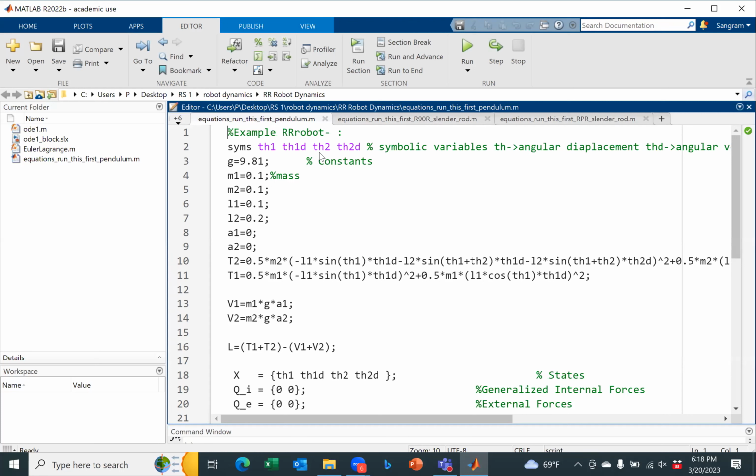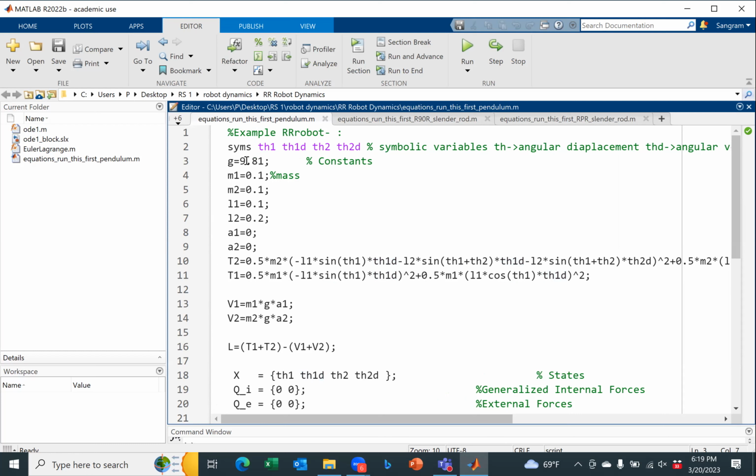So what we have is two symbolic variables and their derivatives. Theta 1 is the first angle, theta 1d is the derivative of the first angle, which is theta 1 dot, and likewise theta 2 dot. These are the angular displacements and angular velocities. The gravitational acceleration g I have given as 9.81.